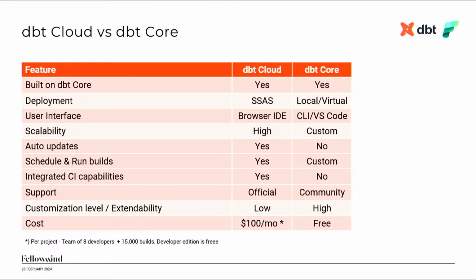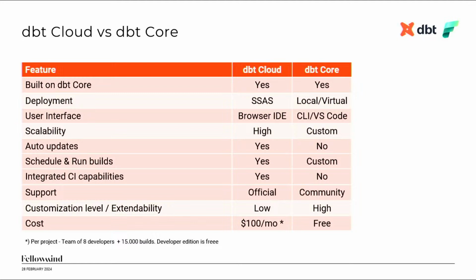Okay. I've just made a quick rundown of a quick comparison of the two platforms. Both of them are built on the same code base, DBT Core. When it comes to the deployment of the code that you're working with, the cloud version is a SaaS solution, so it's a fully packaged solution.